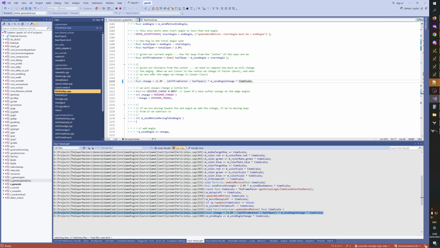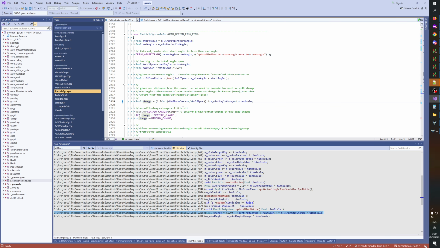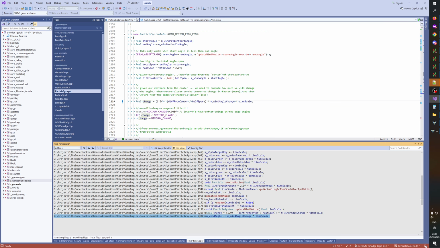So there's something here. Computer, how much you will change the angle? There's a minimum change here. I wonder if that plays any role. But this one is for wind motion. I don't think that plays a role here.